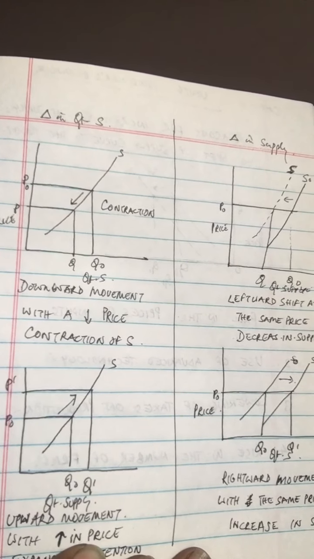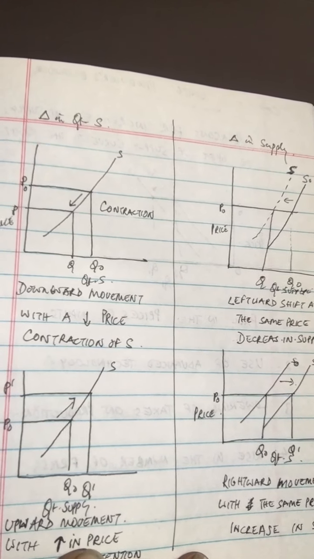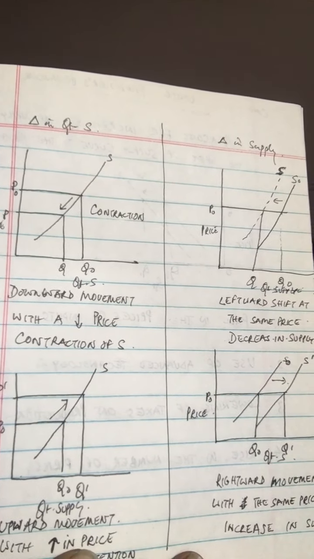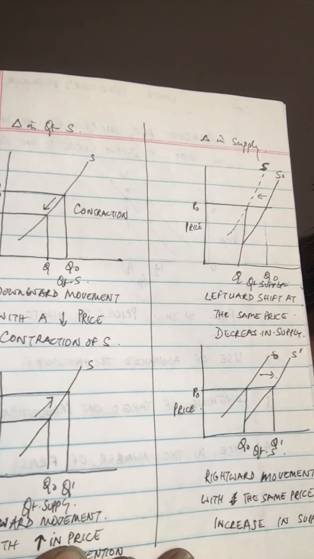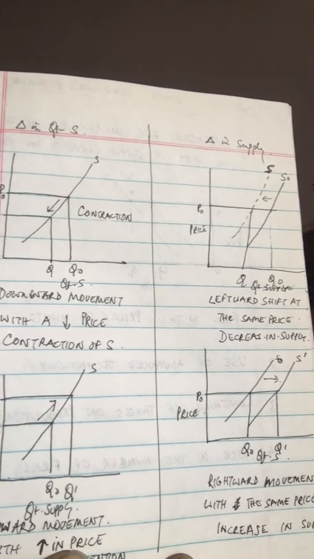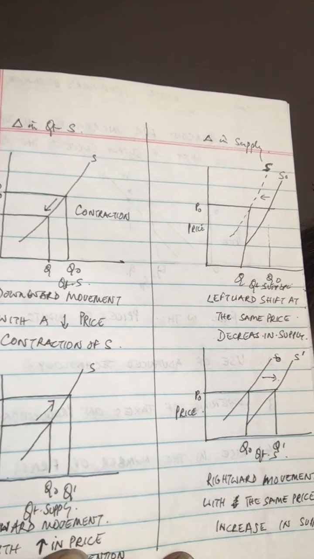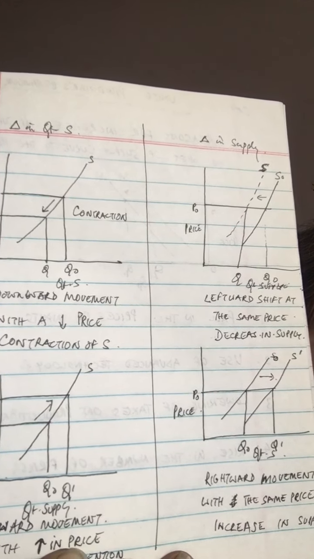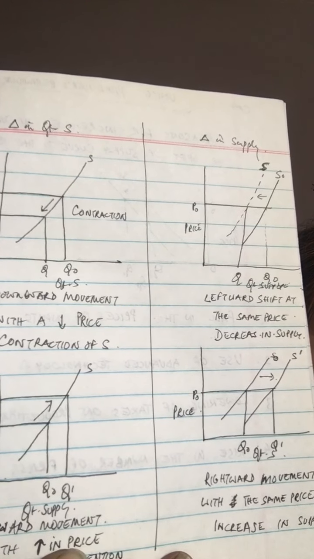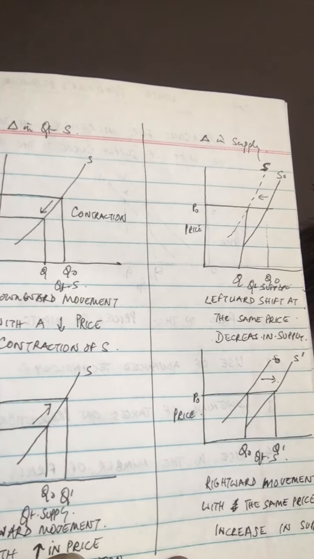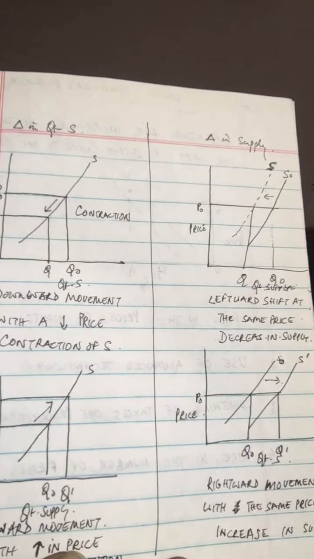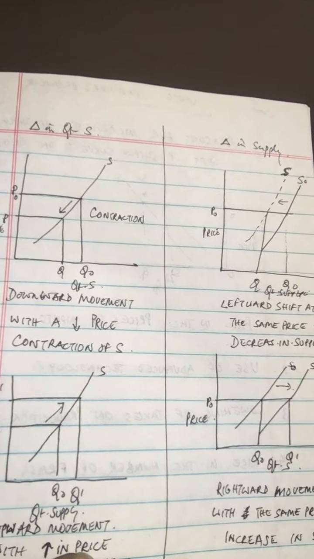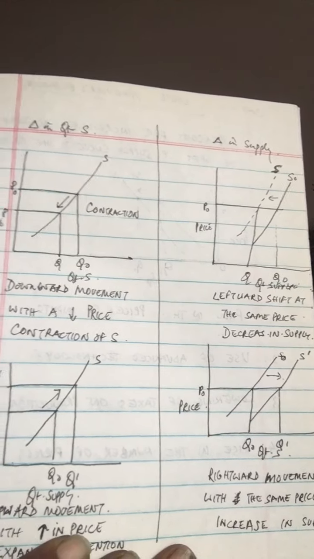When the price falls, there'll be a contraction of supply, and at the same price, the original supply curve will shift leftward. That shows there'll be a decrease in supply at the same price due to factors other than price. Any factor that you can take, maybe that there's been an increase in taxation, who knows.